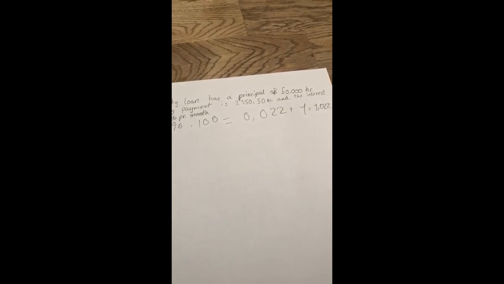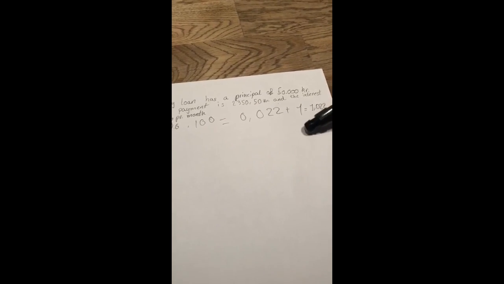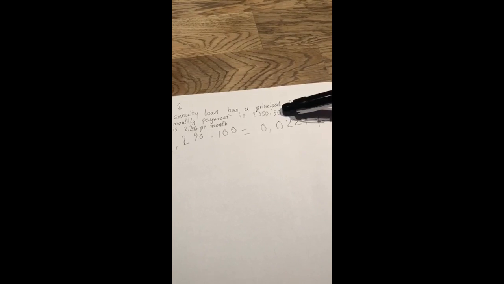Then we have to multiply the growth rate with the principal and then subtract the monthly payment.